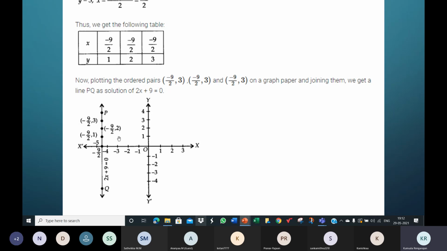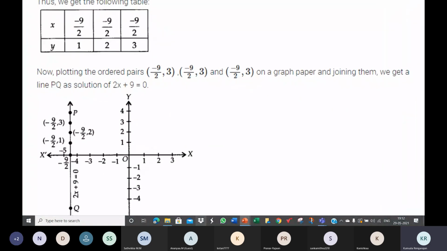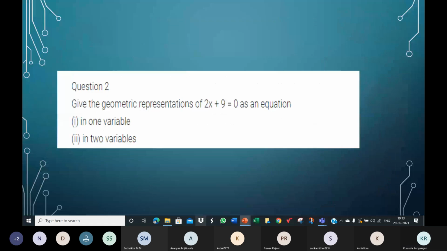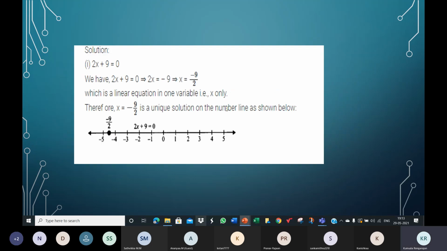So this is how you represent the equation geometrically when you treat it as a linear equation in two variables x and y. Going back to the question, give the geometric representations of 2x plus 9 is equal to 0 as an equation in one variable and in two variables. When you treat this as an equation in one variable x, it is represented by a point on the number line, minus 4.5 here.